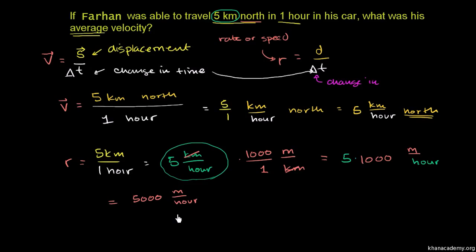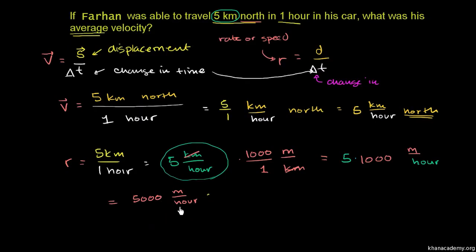And now when we want to go to seconds, let's do an intuitive gut check. If something is traveling a certain amount in an hour, it should travel a much smaller amount in a second, or 1/3600th of an hour, because that's how many seconds there are in an hour. So that's your gut check. We should get a smaller number than this when we want to say meters per second, but let's actually do it with the dimensional analysis.